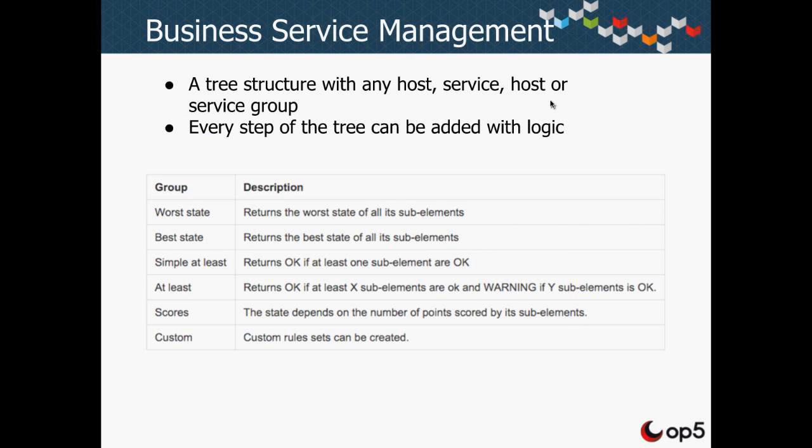So we can, for example, say at least 2 out of 3 must be okay for this group to be okay, or I want to report the best state or the worst state of a single step. And within the tree, this logic accumulates up, and I'll show you soon. But this is the basics of BSM: there are basic mathematical equations that you can add to every step.